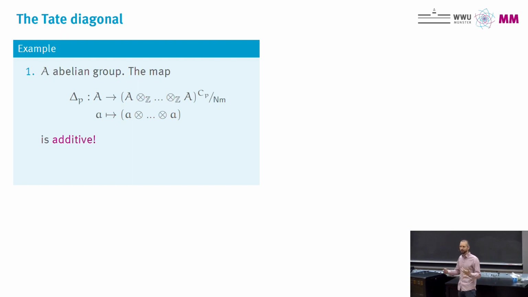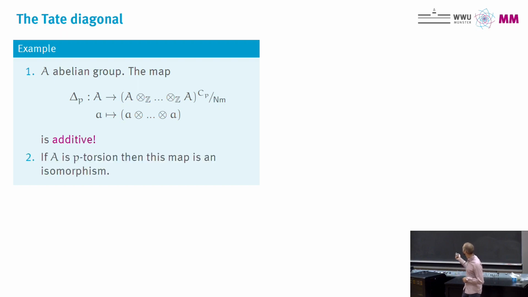So that's the diagonal of an abelian group, or that's what I want to advocate as being the diagonal of an abelian group. And if you're on this exercise, maybe you want to do the second exercise as well, that if A is actually an F_p vector space, so a p-torsion group, then this map is actually an isomorphism. So this is a little harder exercise. It keeps escalating, but it's still doable.